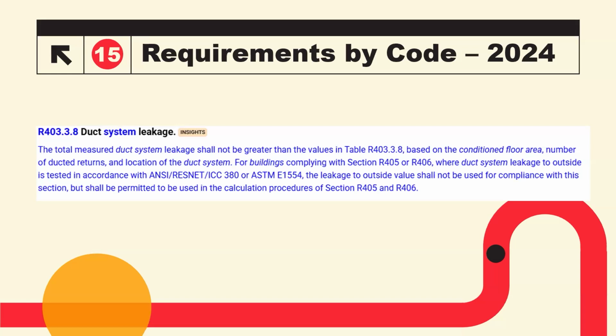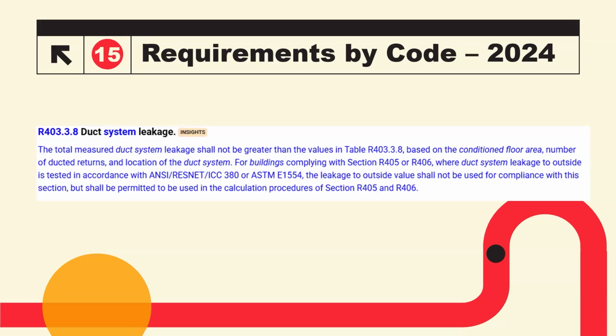But the code now says, and someone wrote this and proposed this and it made it into the code, that if you're using LTO, leakage to outside testing results, it's not permitted to be code compliant. However, you could use it in your software to do energy modeling calculations. I know a lot of times that's going to confuse some of the cities. It's just going to be that you have to pass the total duct leakage test. You cannot really use a leakage to outside for compliance.